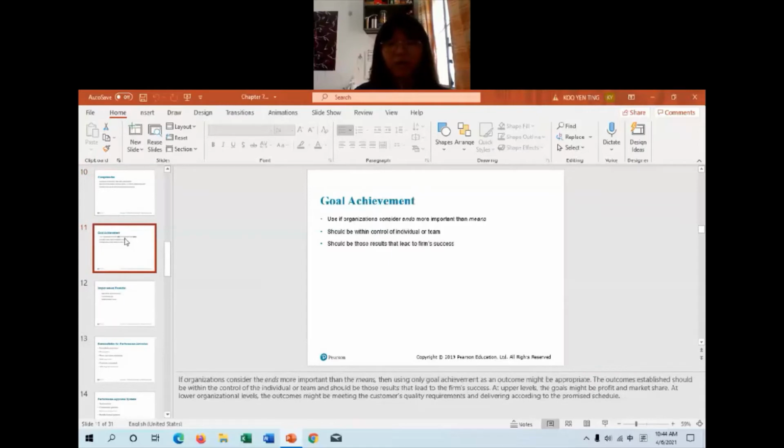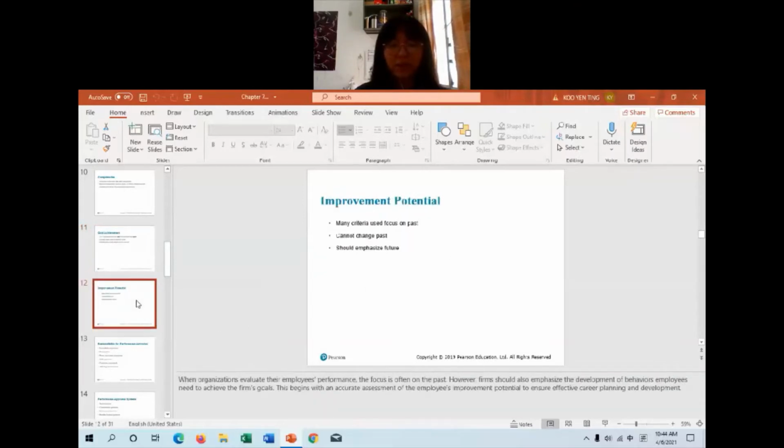Next, I would like to talk about goal achievement. If an organization considers the end more important than the means, then using only goal achievement as an outcome might be appropriate. The outcome established should be within the control of the individual or team and should be those results that lead to the firm's success.